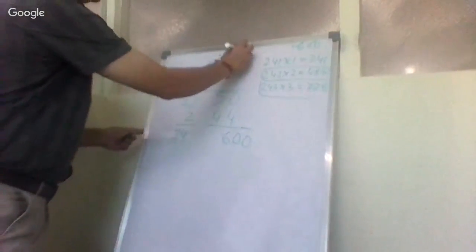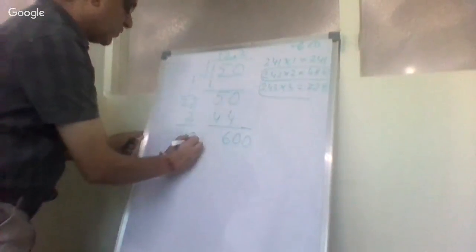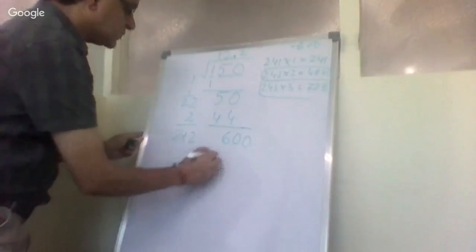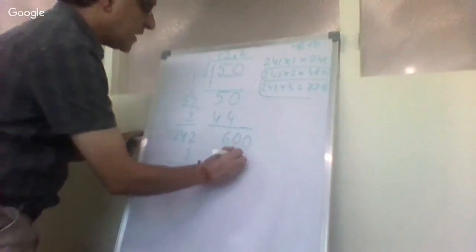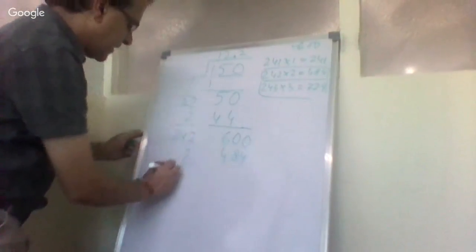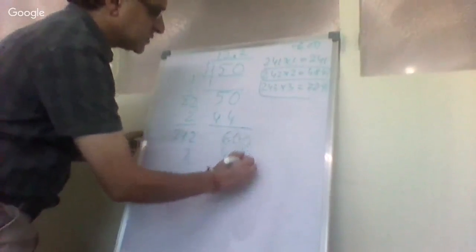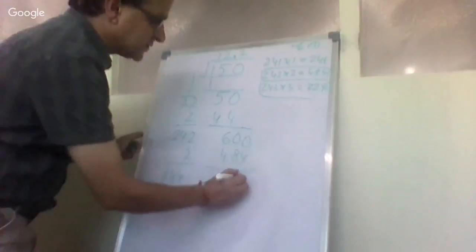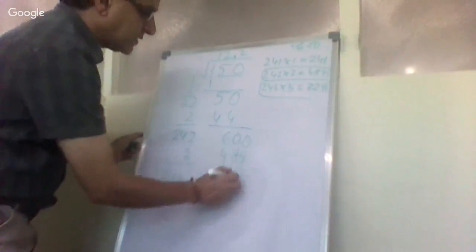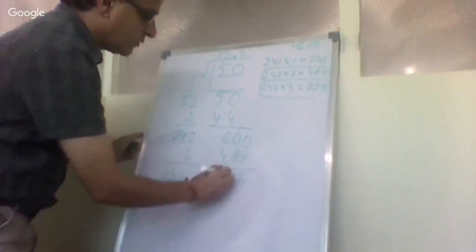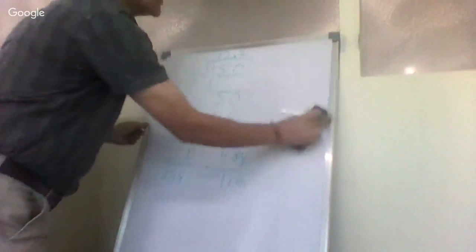So we get 2 over here, 2 here, 2 here. So here we get 4, 8, 4, and here we get 2, 4, 4, and then subtract. 6 minus 4, 10 minus 4 is 6, and 9 minus 8 is 1, 116. Is it clear? Yes.